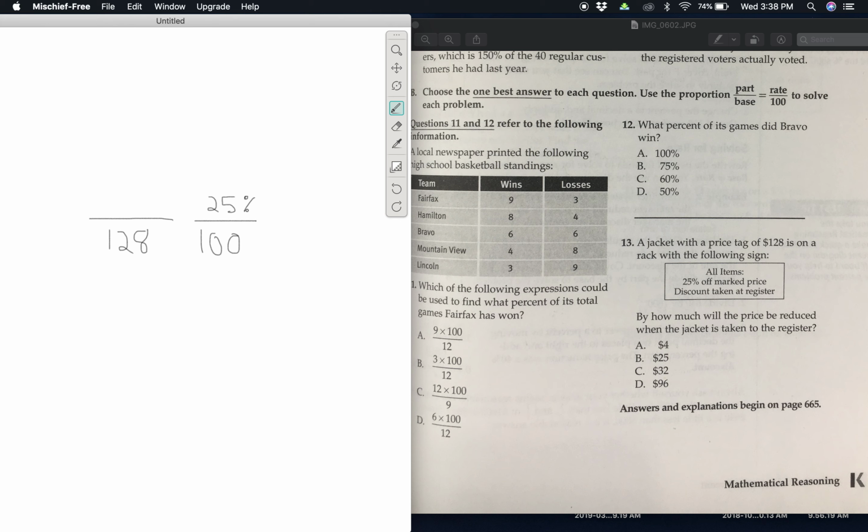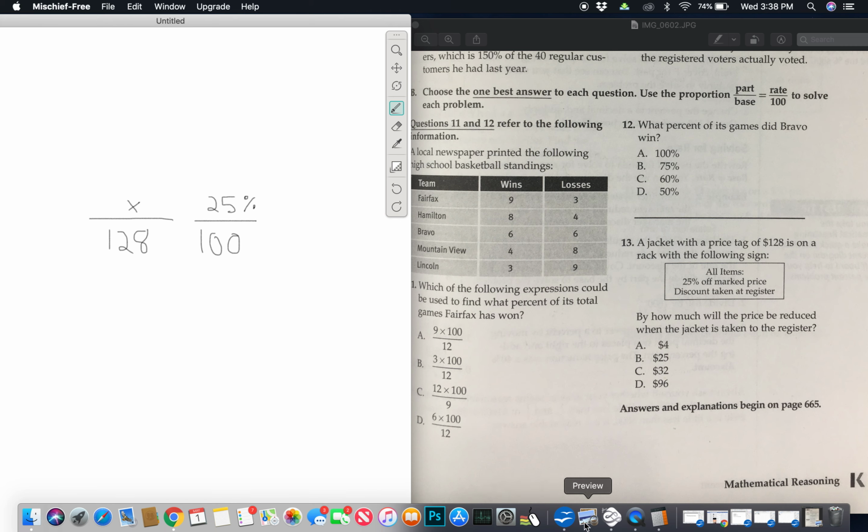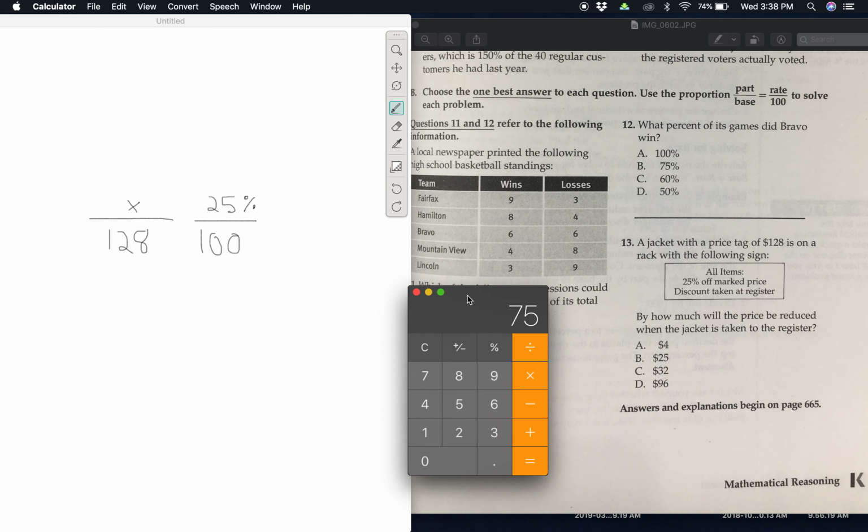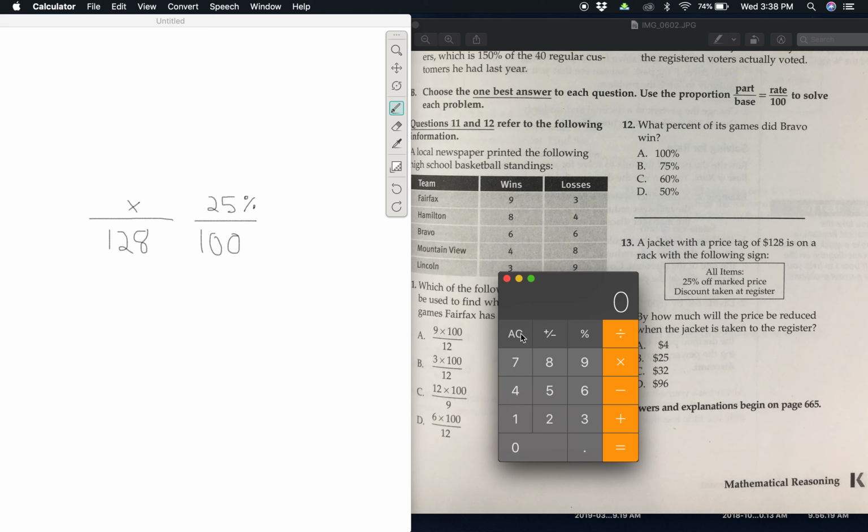So this is a missing variable. So remember, we multiply diagonally towards the side with the missing variable. That is just the way it is.